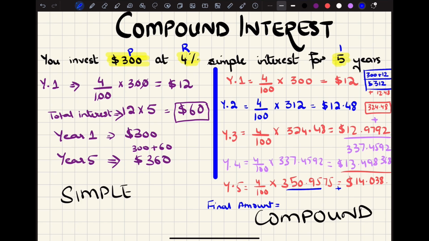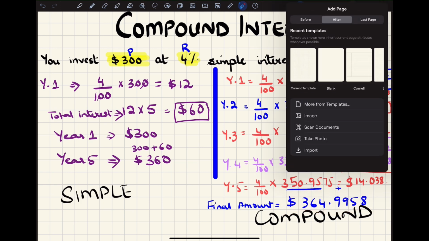So you have $364.9958 in your bank account after 5 years. However, in case of simple interest, you had $360. In case of compound interest, you have $364.9958.